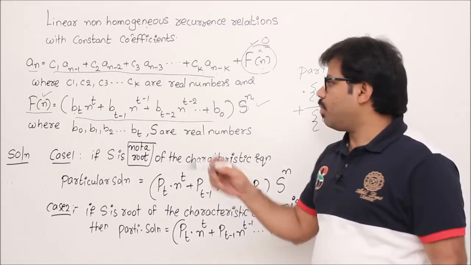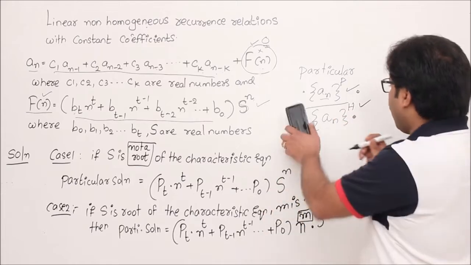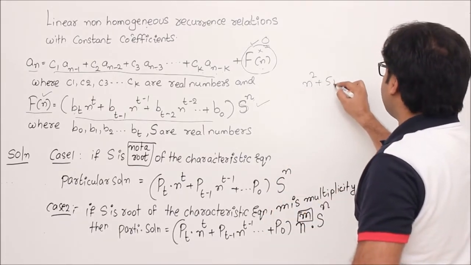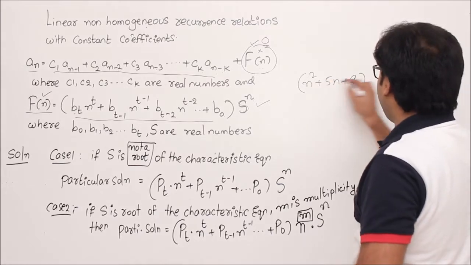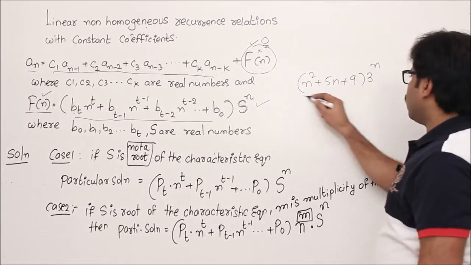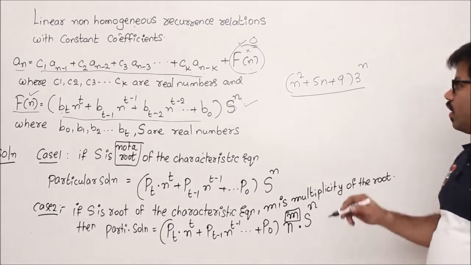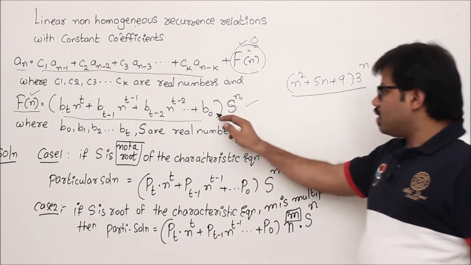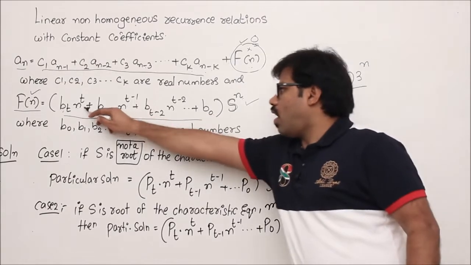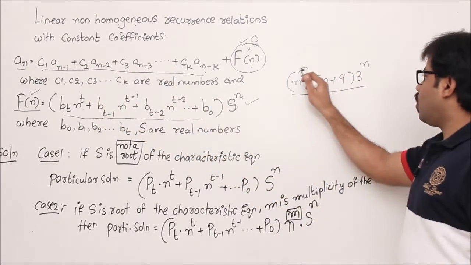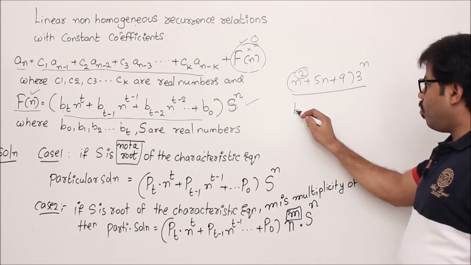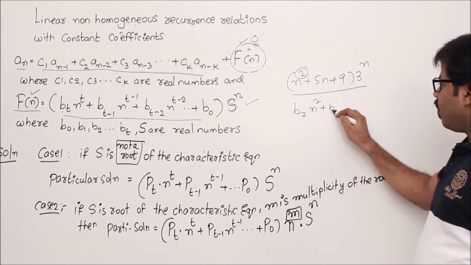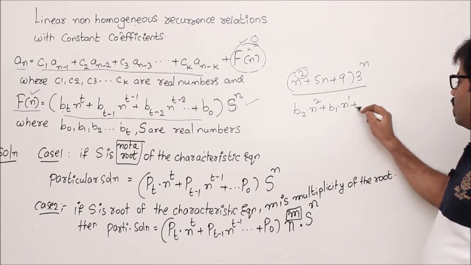Okay, we'll see one example of that f of n. What if your f of n is (n squared plus 5n plus 9) times 3 to the power n. So this is f of n. Here let me identify everything. What is b_t here? Your polynomial is of order t, so here order 2, then I can say that your polynomial is b2 n to the power 2 plus b1 n to the power 1 plus b0.